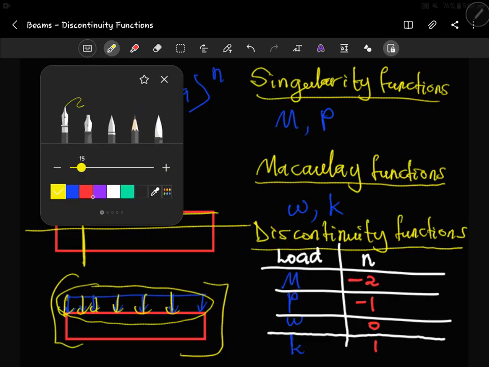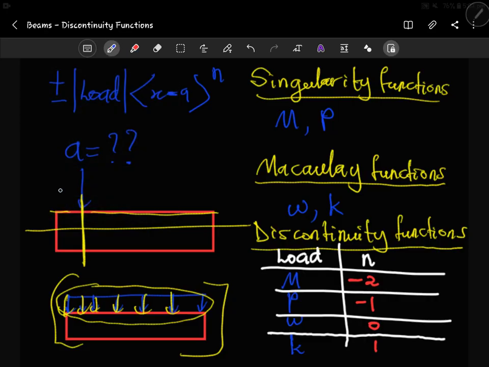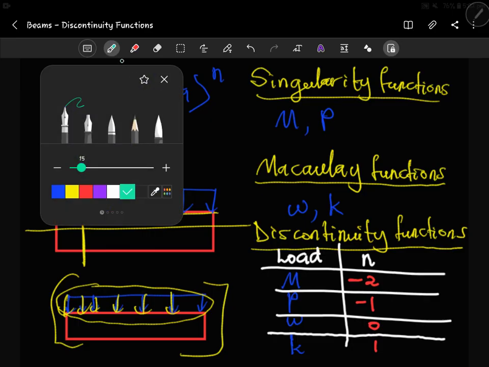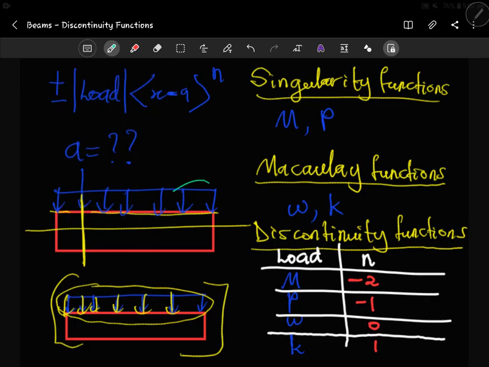Let's say even if I introduce a uniform distributed load here, it will still be a discontinuous beam, right? And one way to solve it is using the discontinuity function. Aside from the fact that I'm having the uniform distributed load acting on the entire beam, I have a force that is not acting on the entire beam, but acting only at this side.